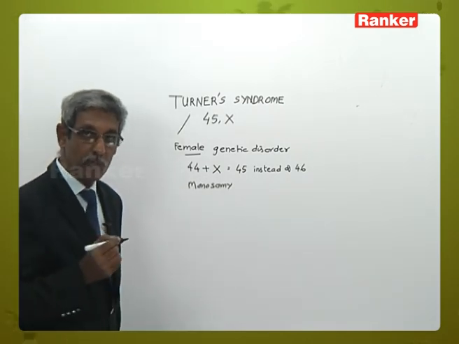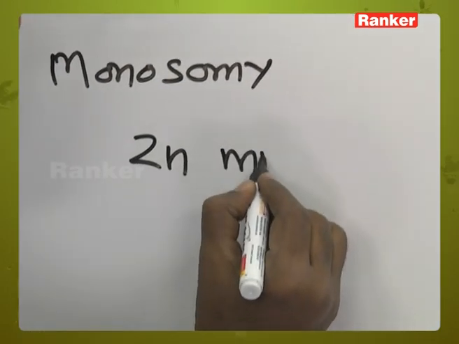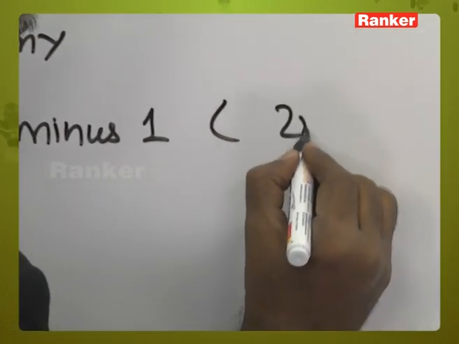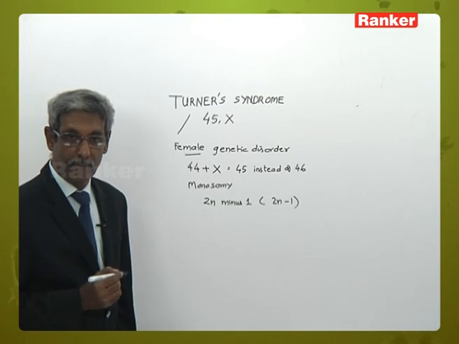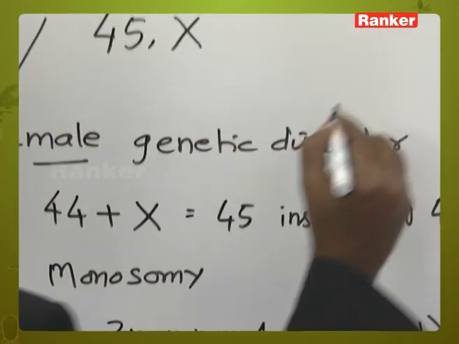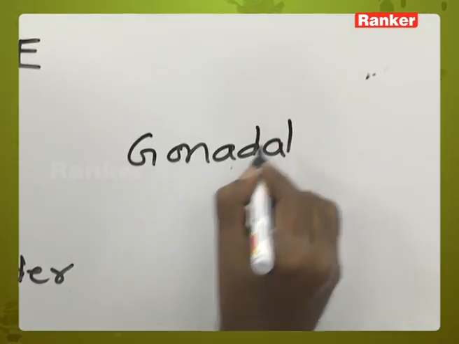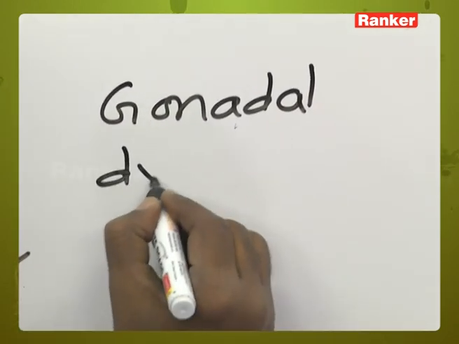In a typical monosomy condition, we have 2n minus 1. The common symptom here is gonadal dysgenesis.